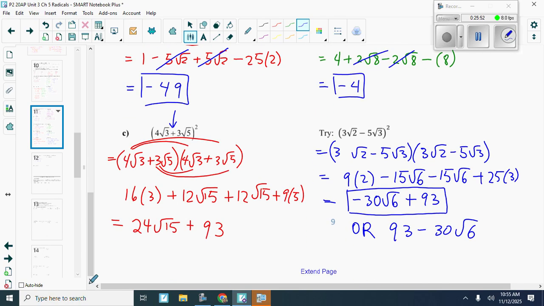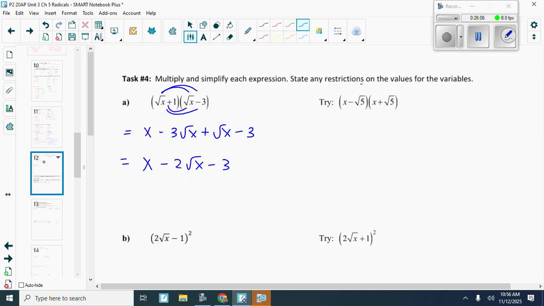Usually we don't like having negatives in the front. So if anybody switched it and put their constant first and then the radical sign, that works too. Either or for this one. But by convention, we usually do the higher index first. And because there is a variable under the radical sign, you do have restrictions.